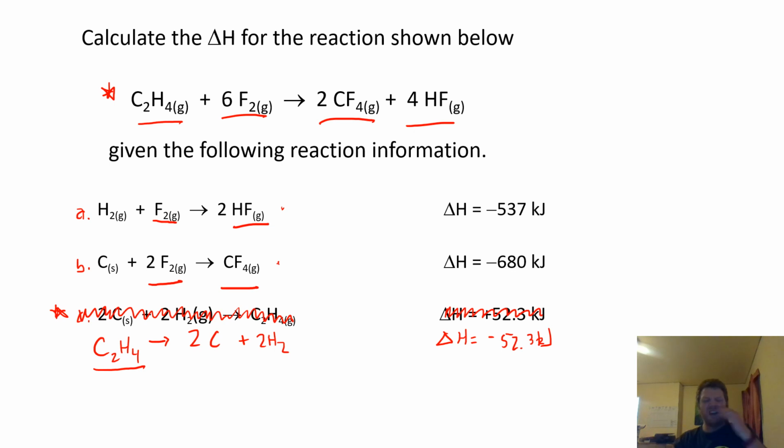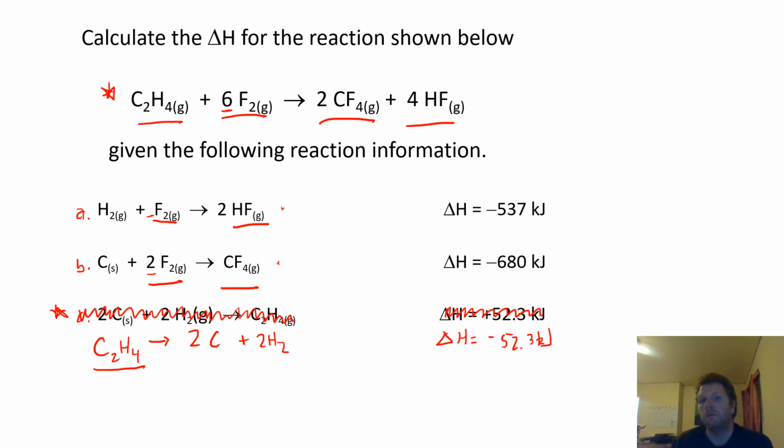So I've got everything accounted for, but one thing that makes it a little bit complicated is the quantity. Whenever I look at all of these, I want to ask what my coefficient in front of F2 is. Well, my F2 should have a 6, and what I've got is a coefficient of 1 and a coefficient of 2.